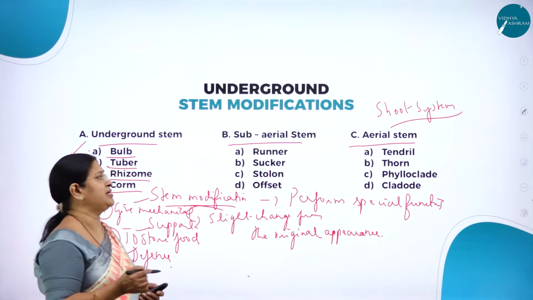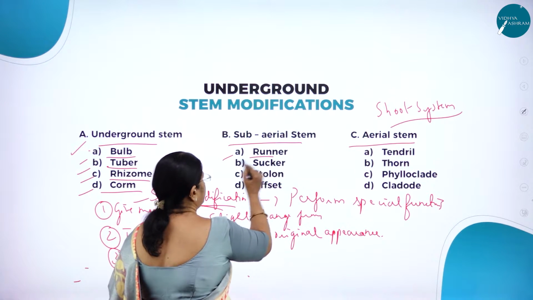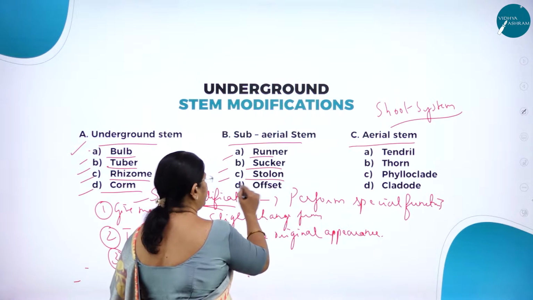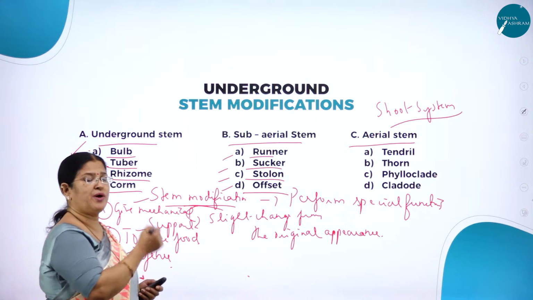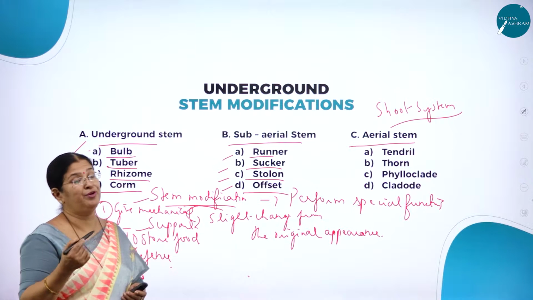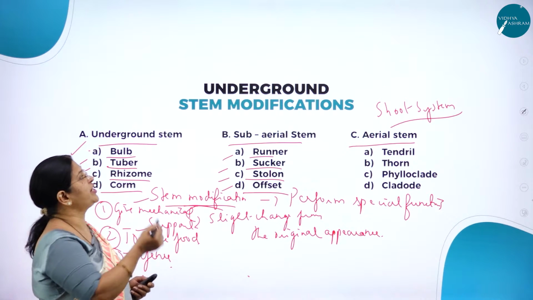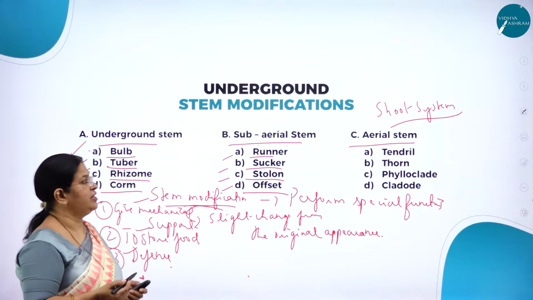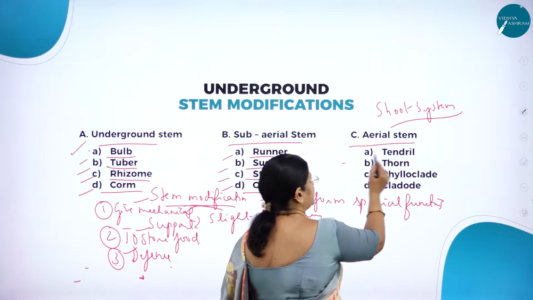Subaerial stem modification. What are the examples? Runner, then sucker, then stolon, then offset. In the coming slides, I am going to explain each one with a suitable example and a beautiful diagram. This is just a general classification of stem modification. Moving on to the third one, that is called aerial stem modification.